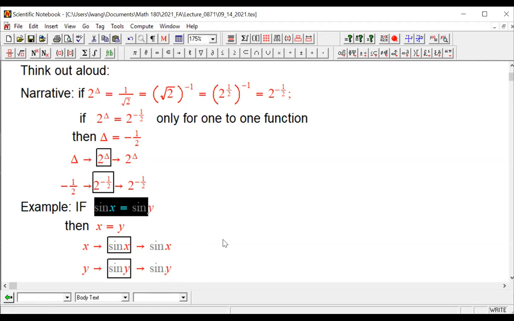No, this statement is completely wrong, because sine is not one-to-one. And you have numerous examples of a similar nature. For example, x squared, x to the power 4. You don't even have to get into trigonometry to realize this is not always true.